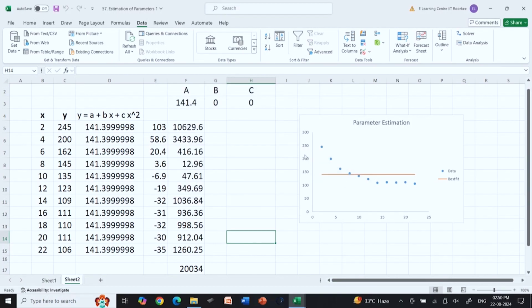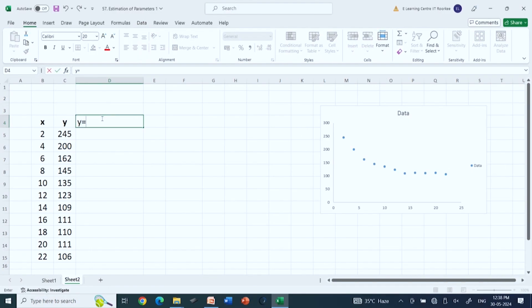If you look into this figure, you see that it is a very bad fit, and that has happened because the function which we have chosen is not an appropriate function that will match this data that is given. So, we have to choose an appropriate function such that you can estimate the parameter values and get a proper fit.